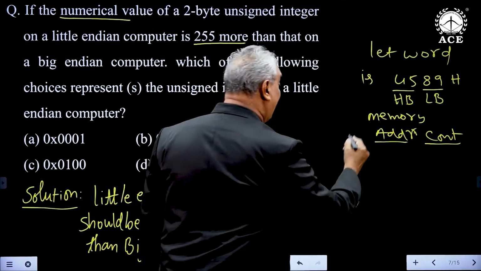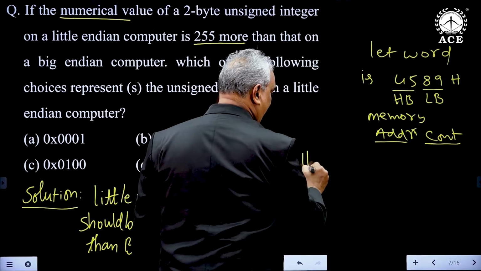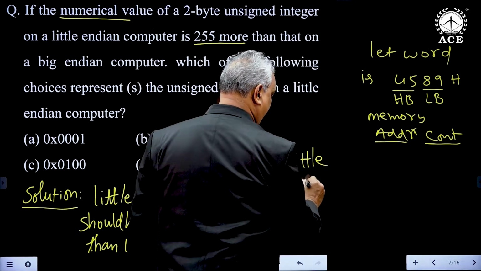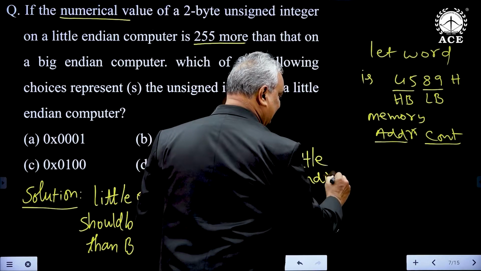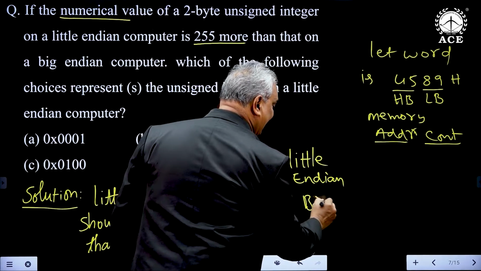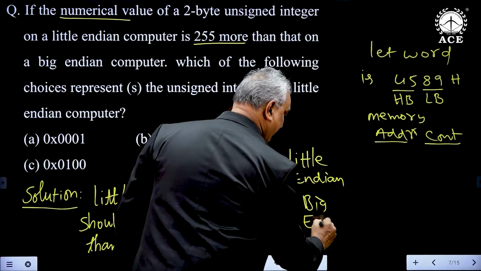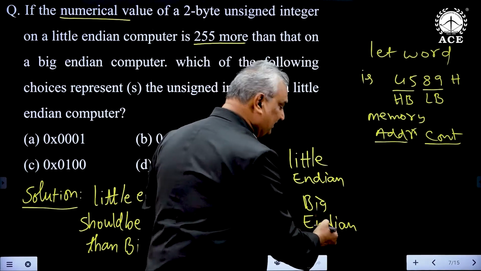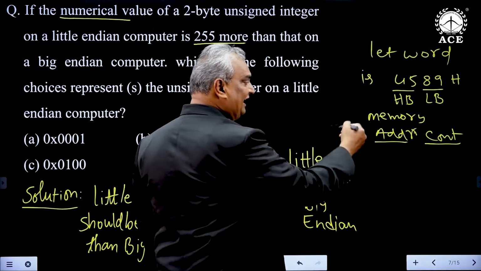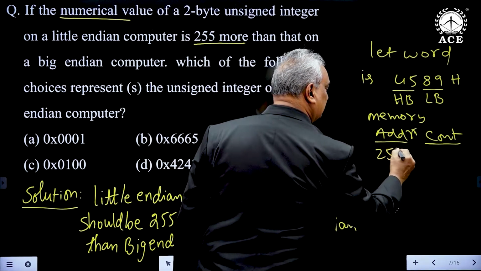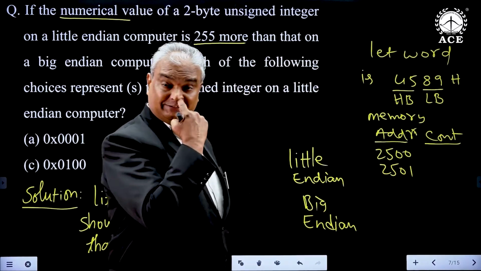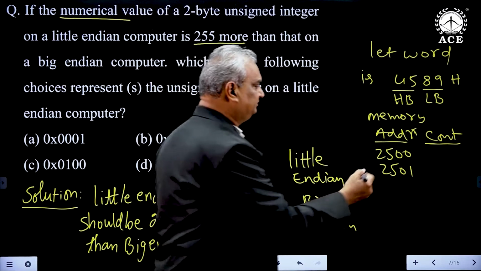If it is little endian, and at the same time big endian, what about the difference between these two? Let memory address be 2500 and 2501. Each memory location is used to store 1 byte.